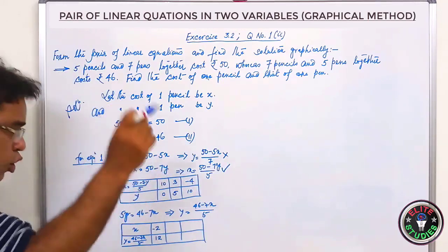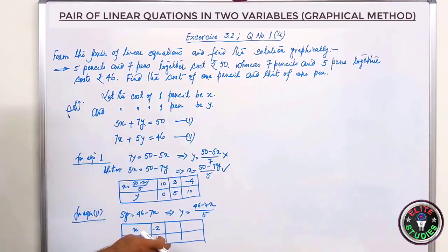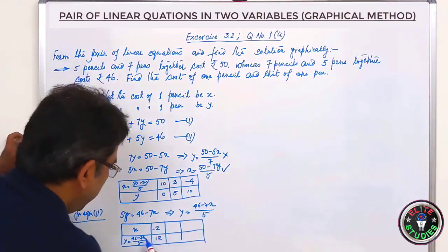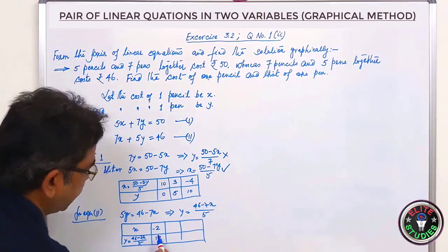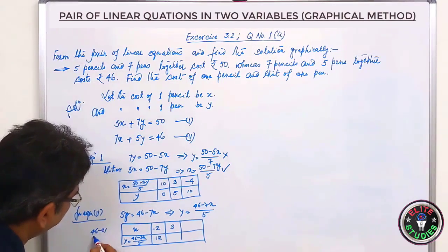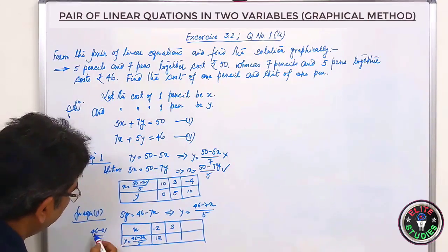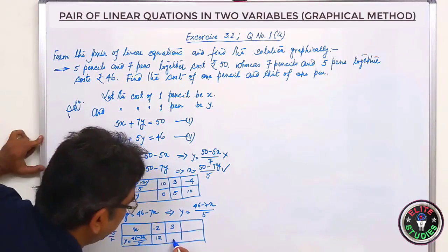For those values of x for which y becomes a whole number, only those we put here. So suppose it is 3, 7 3s are 21. So yes, there is a possibility. 46 minus 21, by 5, so it is 25 by 5, which comes to be 5.